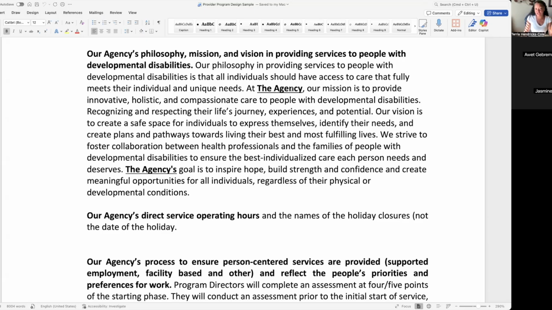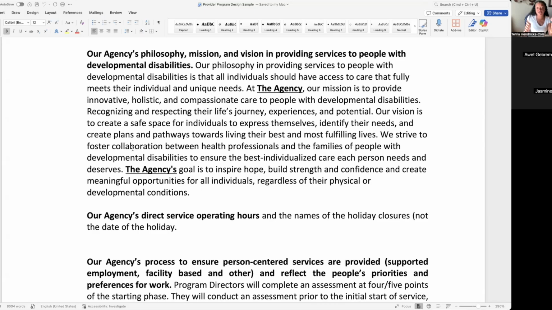But at the agency, our mission is to provide innovative, holistic, and compassionate care to people with developmental disabilities, recognizing and respecting their life's journeys, experience, and potential. Our vision is to create a safe space for individuals to express themselves, identify their needs, and create plans and pathways towards living their best and most fulfilling life.